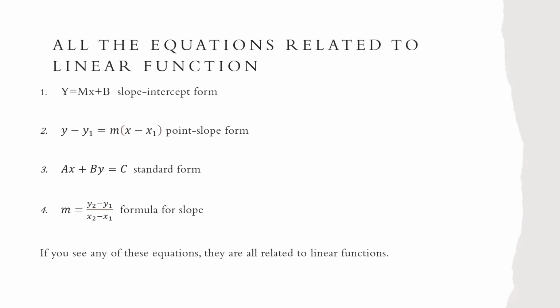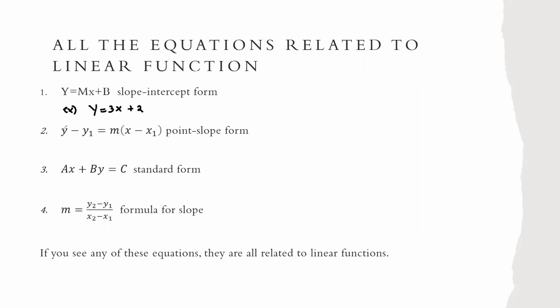It's y equals mx plus b. You're going to see that a lot in this lecture. An example would be y equals 3x plus 2. We'll talk about graphing in another video, but I just want you to know that this is slope-intercept form.